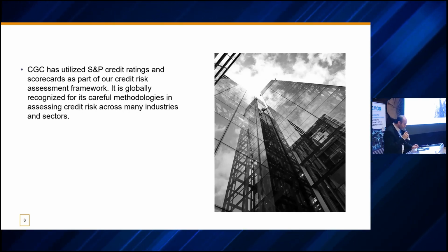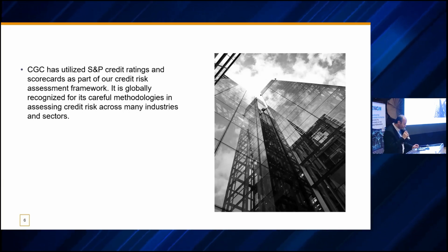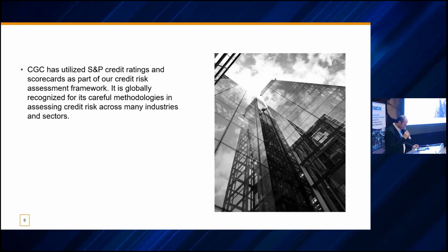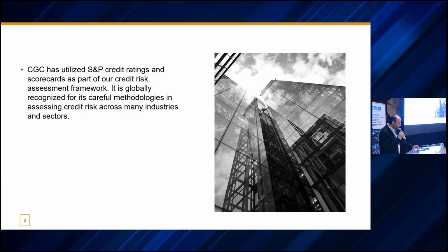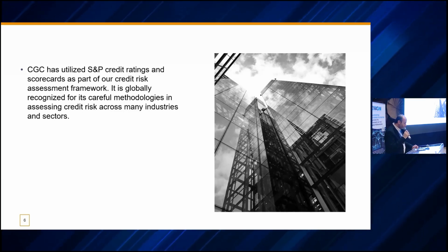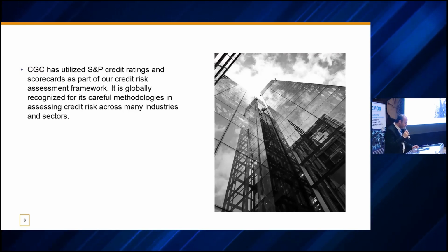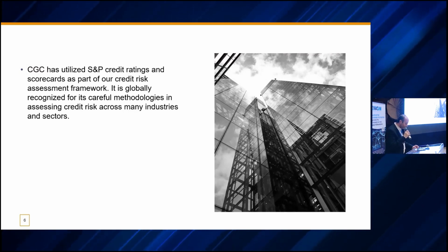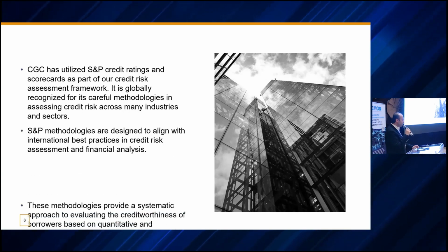Probability of default represents the likelihood that a borrower will default on the facility within a specific time frame. Exposure at default refers to the total exposure a lender has to a borrower at the time of default. Loss given default represents the proportion of the exposure that is expected to be lost in the event of default.